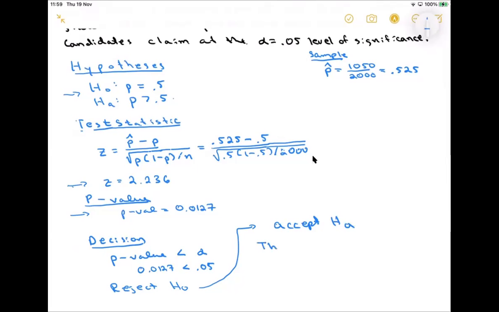So the data supports the candidate's claim.